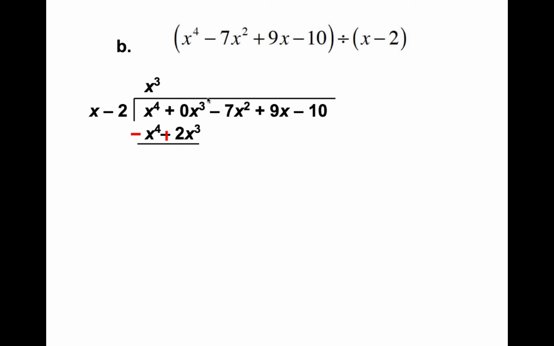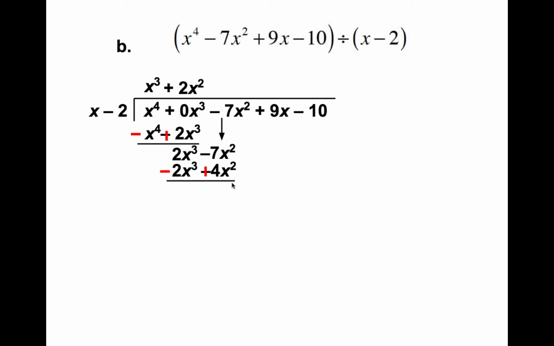X to the 4th cancels. I have now 2x cubed. Now I have to drop down the next term. Looking just at the first term, x times what is 2x cubed? That would be 2x squared. Now I multiply 2x squared with both of these. So 2x squared times x is 2x cubed. 2x squared times a negative 2 is a negative 4x squared.